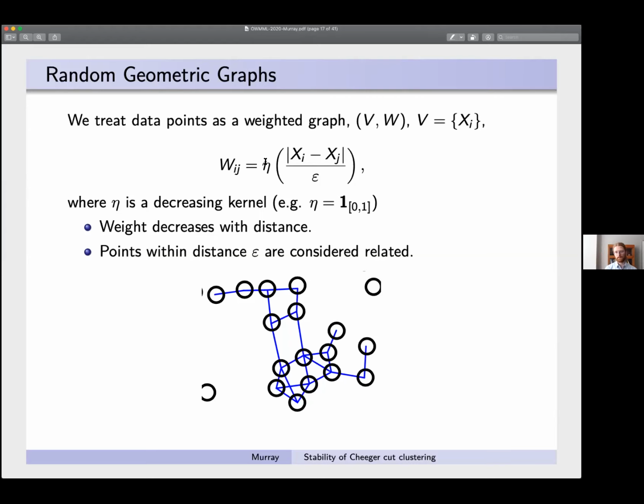This epsilon is a parameter that we're allowed to vary, which says at what distance we're thinking about points as being related. The point is that the weight decreases as my points get further apart, and points within distance epsilon, roughly speaking, are considered related, whereas points that are much further than epsilon are not considered related. Down here at the bottom, I've drawn the graph structure that one would get using these weights for a small piece of the data cloud.